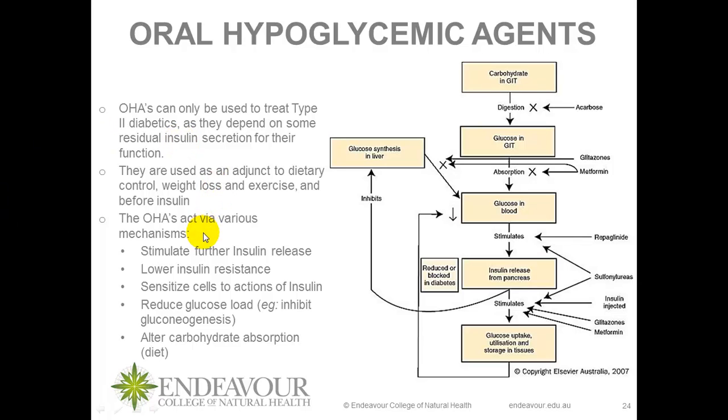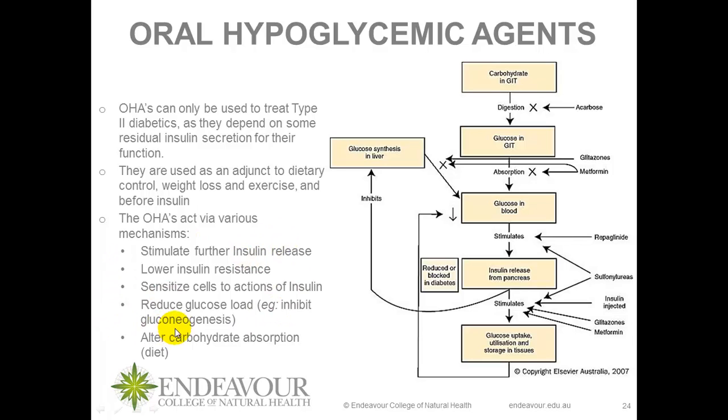The oral hypoglycemics either stimulate the pancreas to release more insulin, or they may affect the cells of the body and lower insulin resistance, make those cells more responsive to the effects of insulin at uptaking blood glucose.